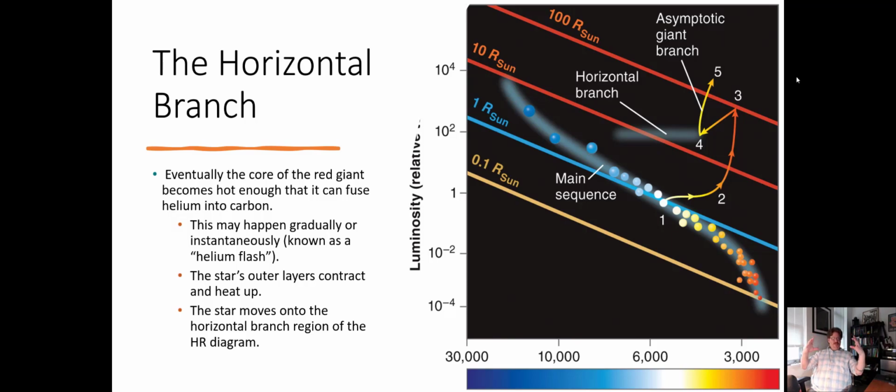Now, as it happens, the amount of energy that is produced in this case is insufficient to hold the star at its current radius, and so the outer layers contract and heat up, and so the surface temperature rises, the luminosity drops.